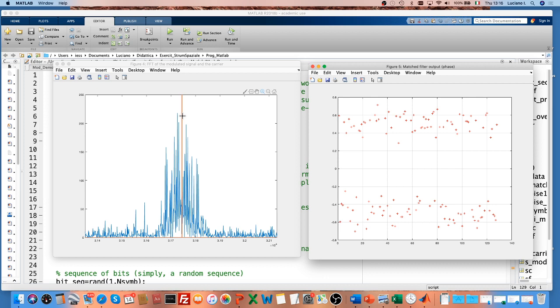If you don't modulate, remember you would see just the red line, but the modulation produces this spreading in frequency of the signal, which of course is corrupted also by noise. So this is something important to remark. And the width of these blue lines depends on the modulation frequency.